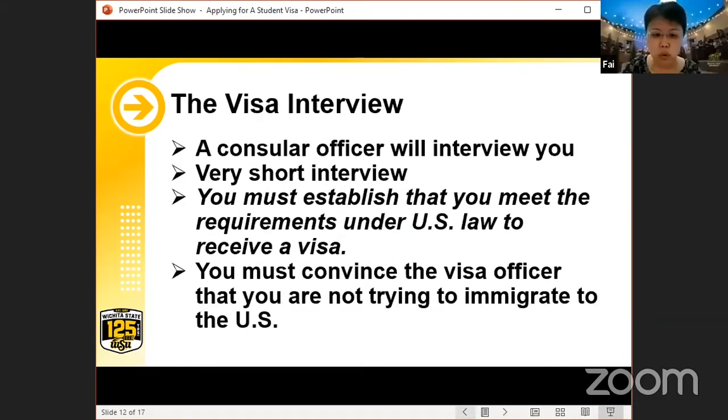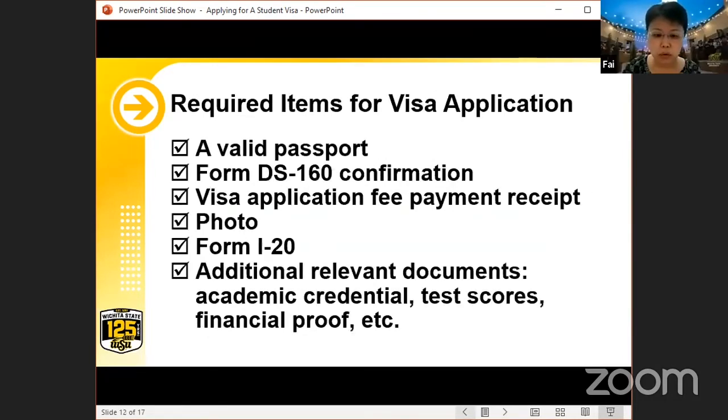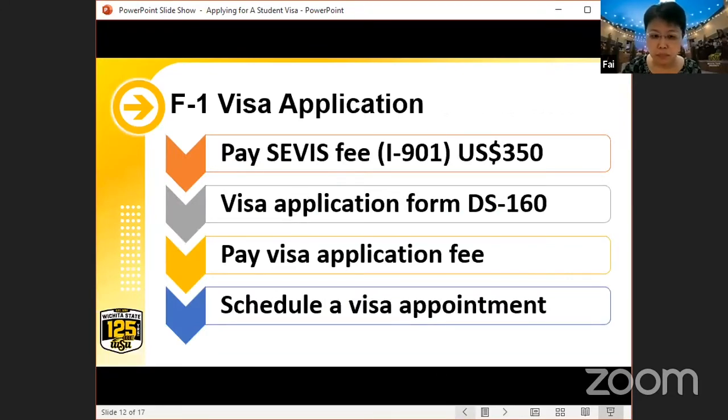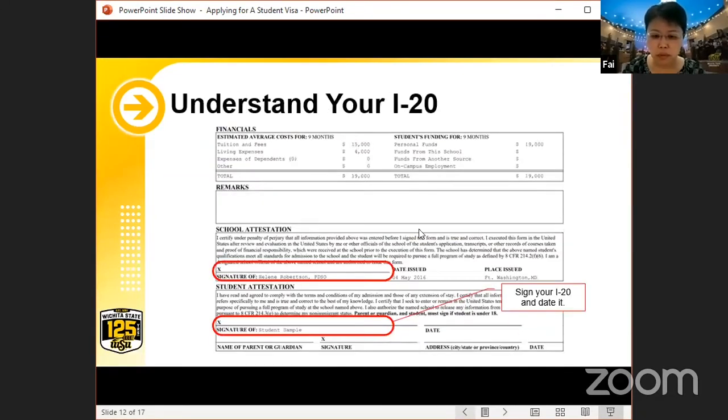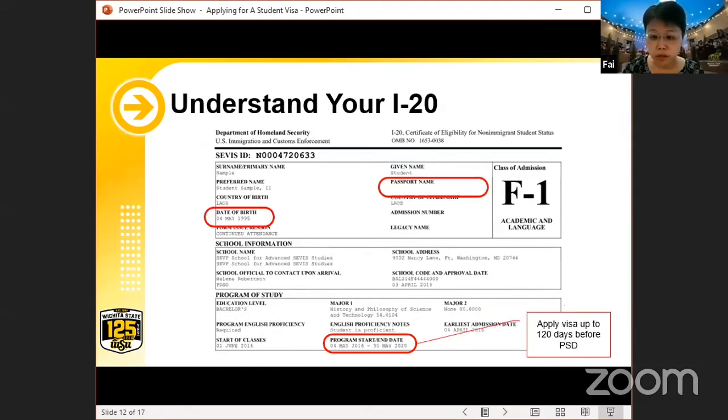Sure. So going back to how to start. You can actually start as soon as you receive your I-20. Like I said, now the I-20 is sent by email. So what you need to know is your CVIS ID.